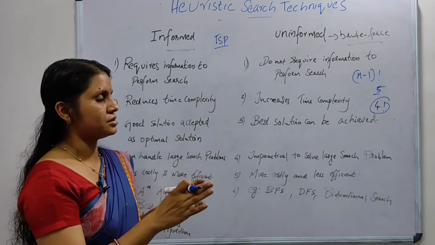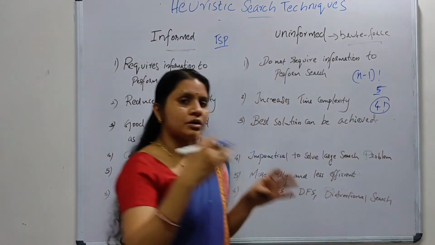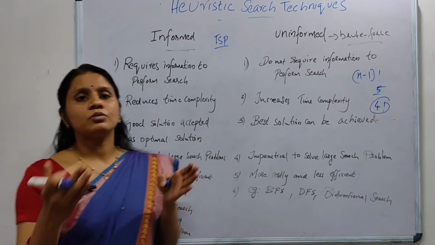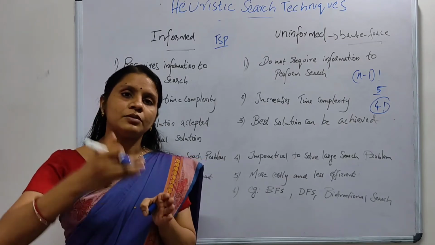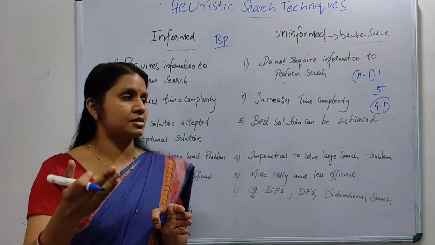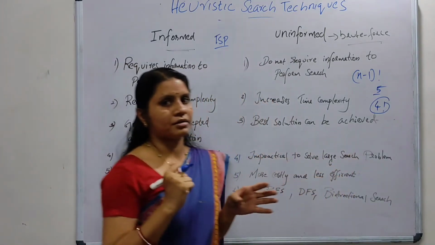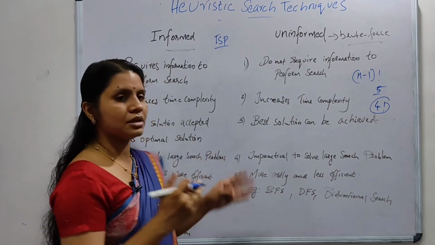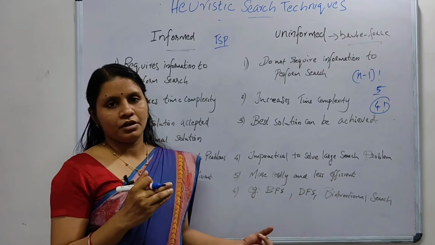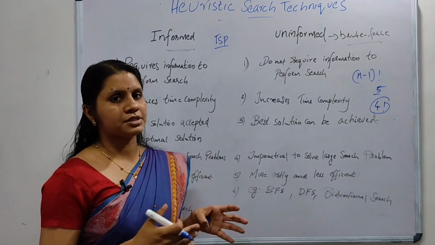If you have 100 cities, then the time will increase exponentially. That will be the biggest drawback. That is why I told you that it is impractical to solve large search problems. It cannot be applied to a large number of cities.